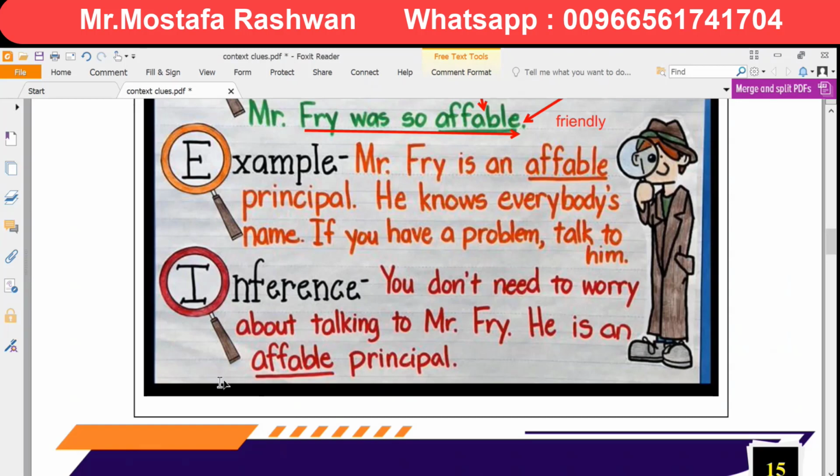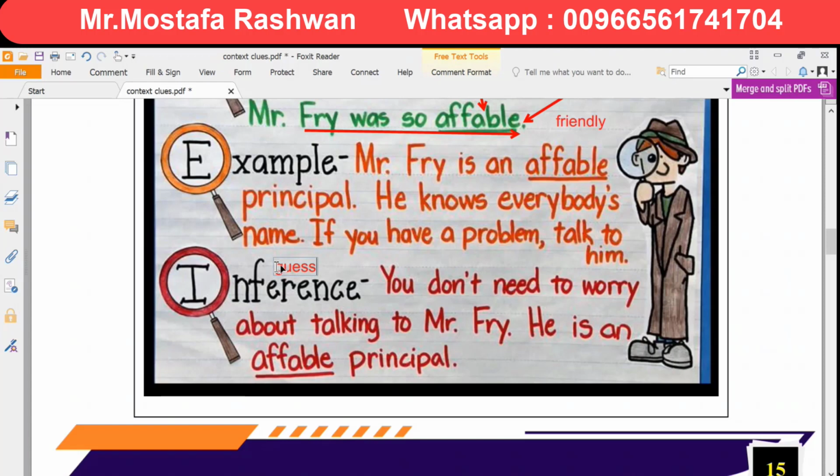Habiba, read again the last example, inference. I don't need to worry about talking to Mr. Fry. He is an affable principal. What we said about inference, what do we mean by inference? Guessing.